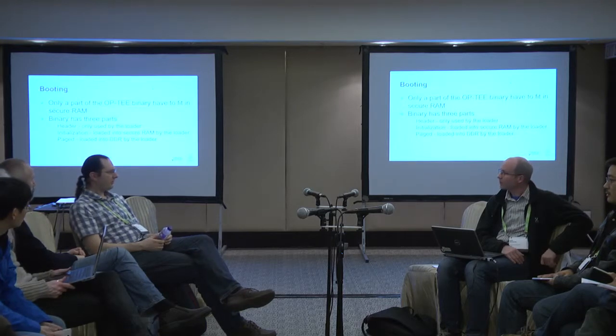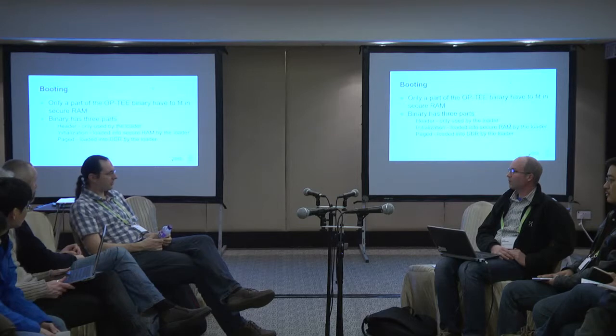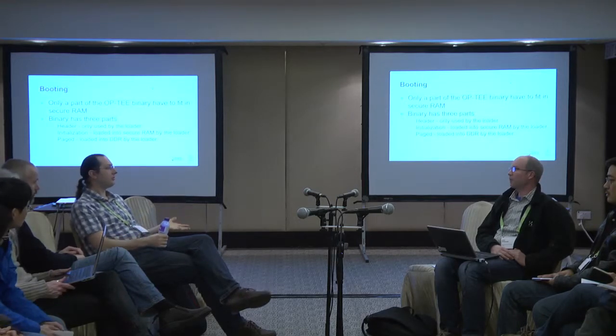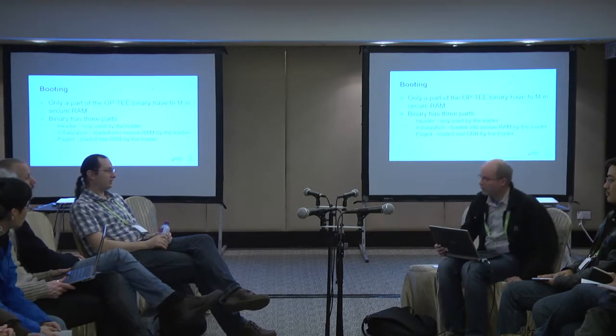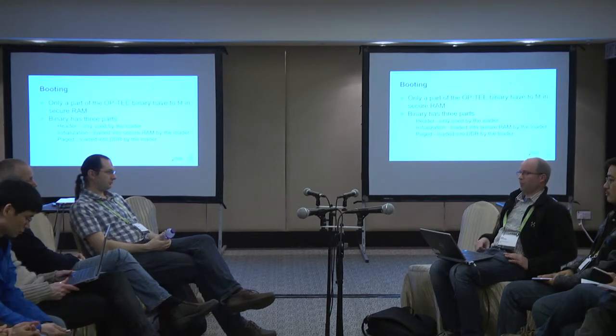You said in the limitations that the secure apps can't be paged. Is that something that's addressable, or is it intrinsic to the problem that you can't do it? Because presumably you have to mark things like secrets in the secure app if you're going to do that. No, it's just that we haven't done it yet, and also it will require even more memory.